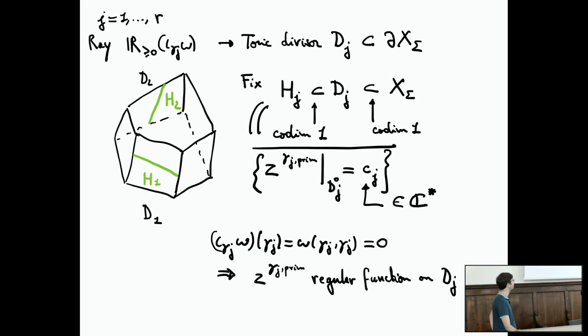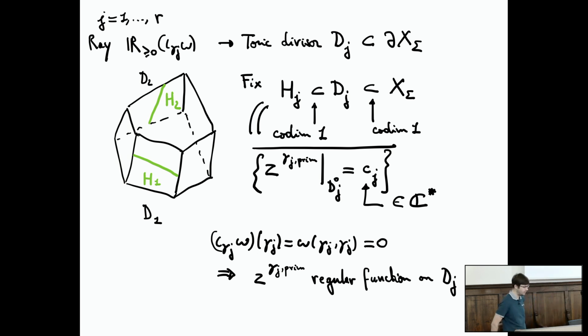For every j, we'll consider some Hj inside Dj. So Hj will be some hypersurface inside the divisor Dj. So it's codimension 1 inside some component of the boundary, so it's codimension 2 in the total space.